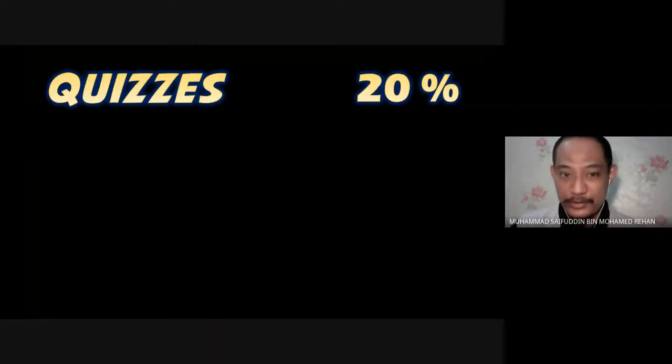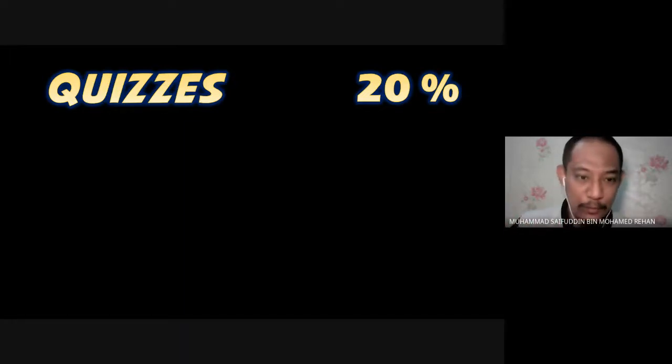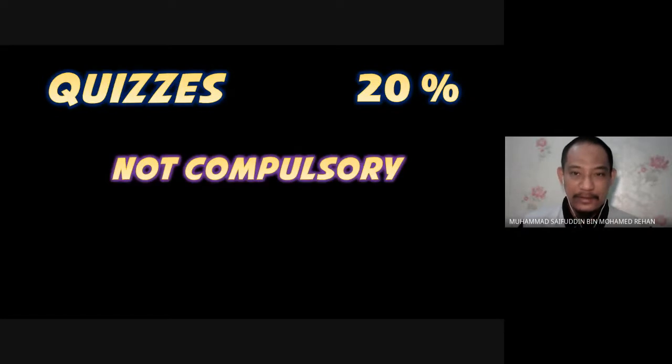Now, in terms of the quiz, it will give you 20%. Okay. So this is my approach, right? And one is, the quiz is not compulsory, meaning that you will not be penalized if you do not take the quiz. Obviously, you just do not get the mark if you do not do the quiz, right? So first is not compulsory.